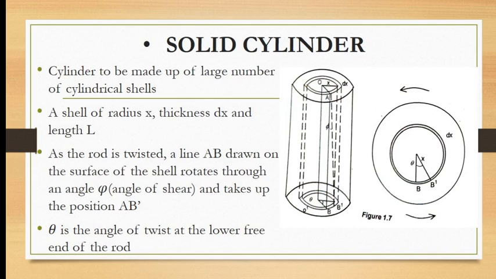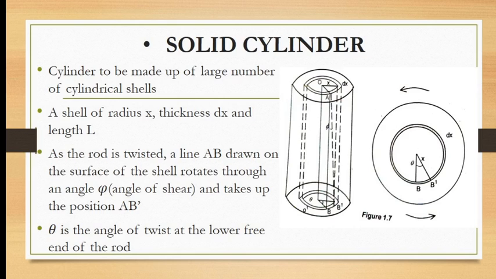And we are considering such a cylindrical shell of radius x, thickness dx, and length L. So the cylinder is made up of several shells, and we are considering only one such shell.